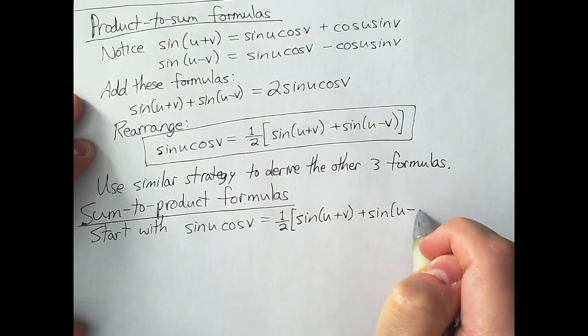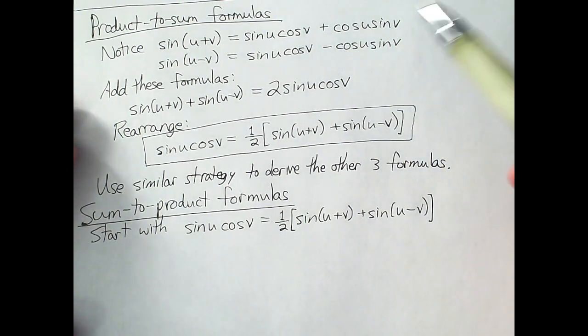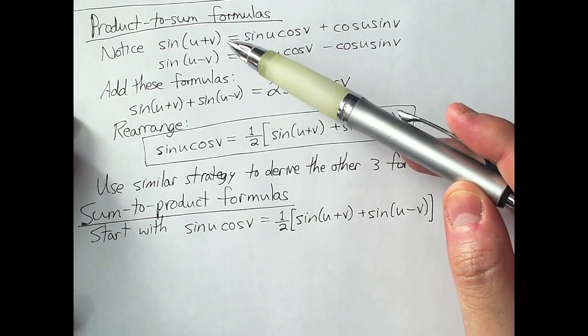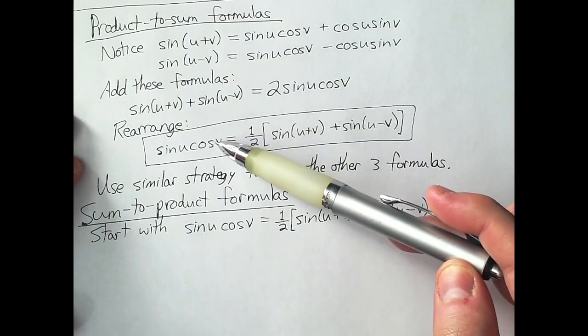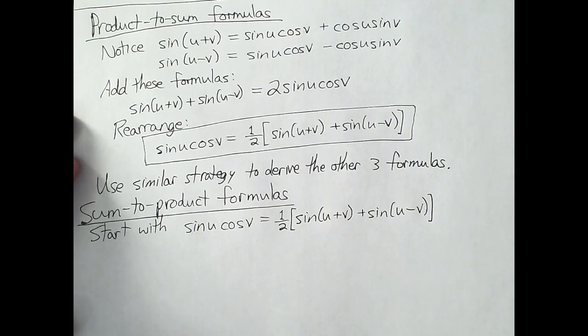There's a certain structure to this. Like, first we had to know the addition and subtraction formulas from the previous video. That helped us get this formula. And now this formula is going to help us get something else. And there's a logical order here. We're not just doing these in a random order.